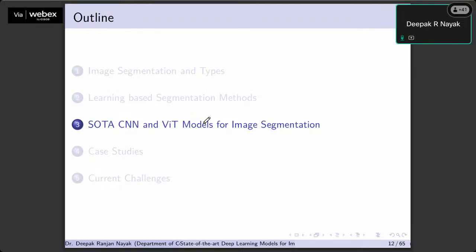Now we'll see the evolution of the convolutional neural network and vision transformer based models that have been used for image segmentation. Like for image recognition or image classification, you have seen LeNet in 1998. This is the first architecture. The CNN concept is not at all new.